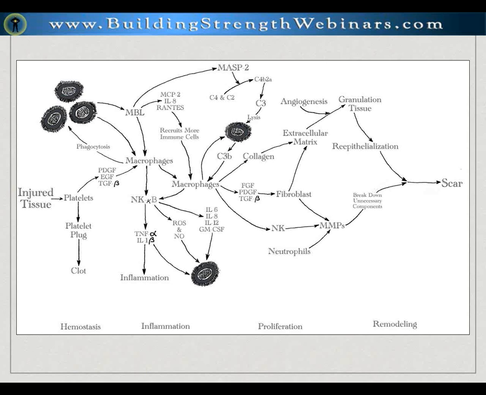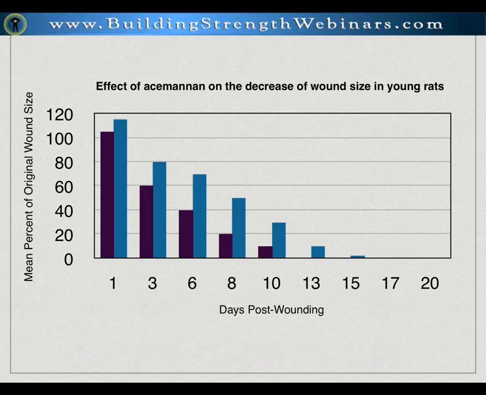So this is one of our studies that we did at A&M several years ago. We took normal, healthy rats, which people thought healed as fast as they could heal. These are young rats that were wounded. And here you have the untreated rats, and then these rats were given acemannan.